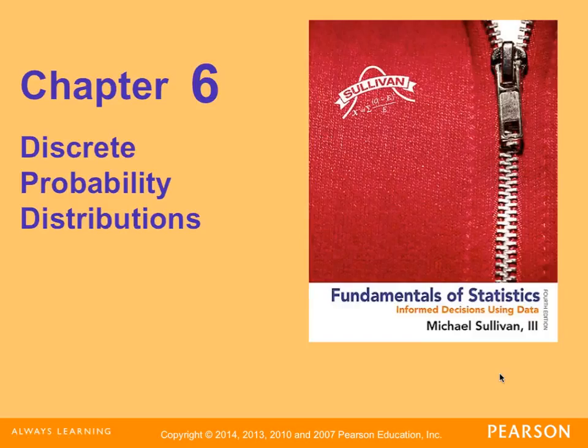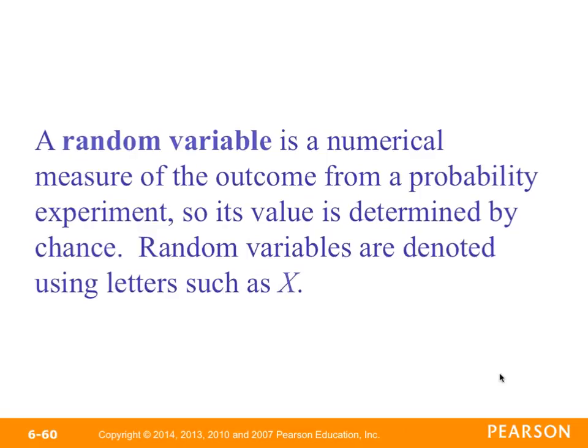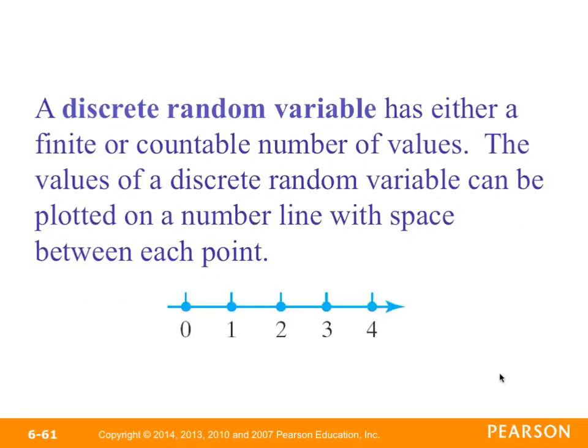Okay, let's move on to chapter 6. This is discrete probability distributions. The first thing we talked about was a random variable. It's a numerical measure of the outcome from a probability experiment. We determine its value just by chance, and random variables are normally denoted using a letter like X. We have discrete random variables, which have either a finite or countable number of values.